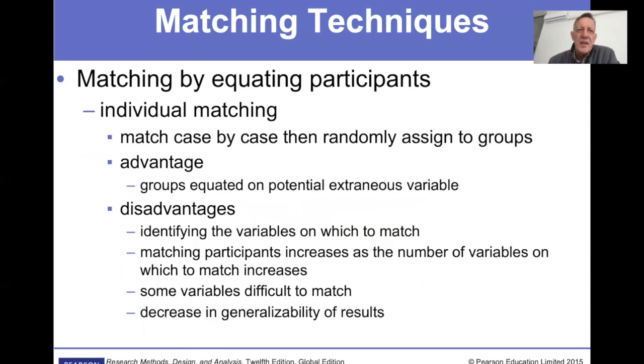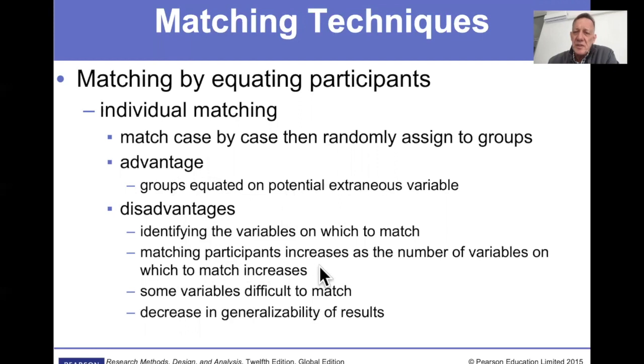All right. Matching by equating participants. This is very popular and a useful method to do equating. You match case by case and randomly assign them to groups. The advantage is that groups are equated on potential extraneous variables. Disadvantages is identifying the variables on which to match.